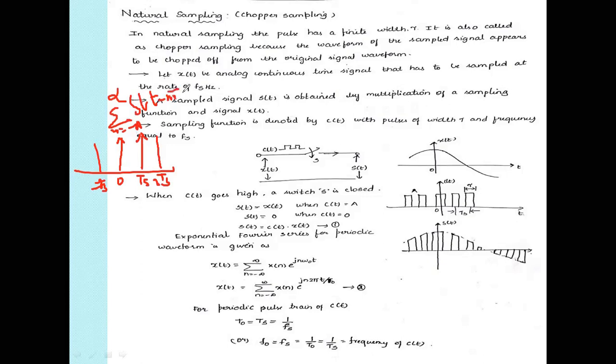After combining these two functions, previously in the instantaneous sampling there is no width, only at t equal to 0, Ts, 2Ts and minus Ts and so on. It is the sum of n equal to minus infinity of delta of t minus n into Ts, the sampled signal with the x of t.